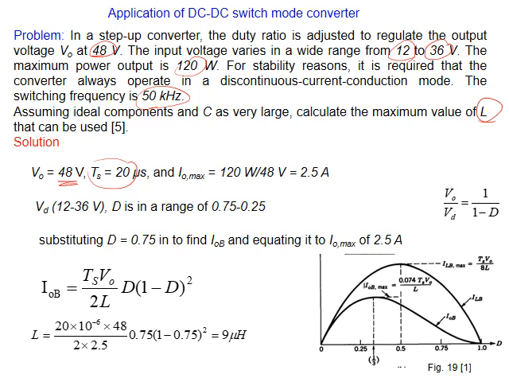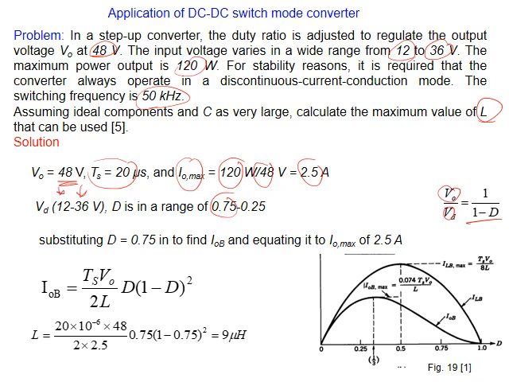Have a look. IO max can be calculated because he gave me power and voltage. I got it. For the relationship between output and input voltage, we have VO over VD equals 1 over 1 minus D. So let's substitute, considering that the input voltage is 12 and output is 36.